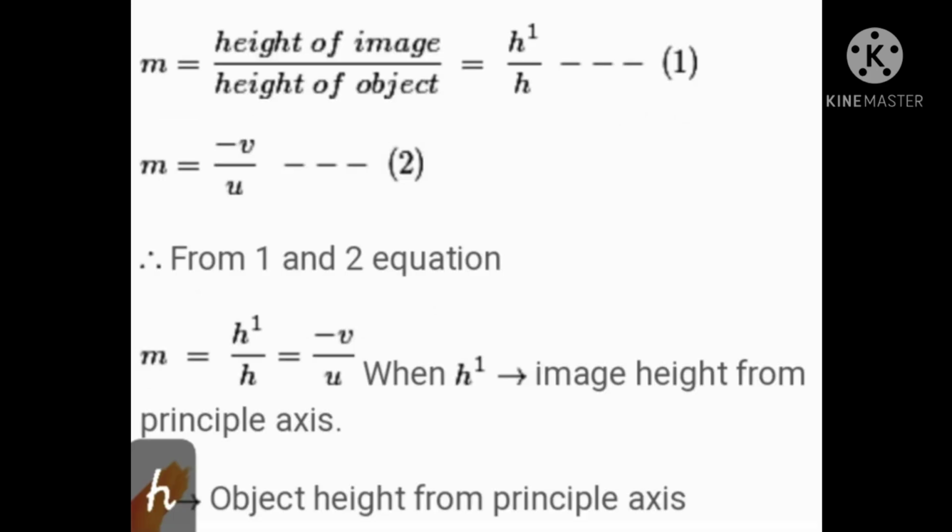Now from equation 1 and 2 we get m equals h dash divided by h equals minus v by u, where h dash is the image height from the principal axis and h is the object height from the principal axis.